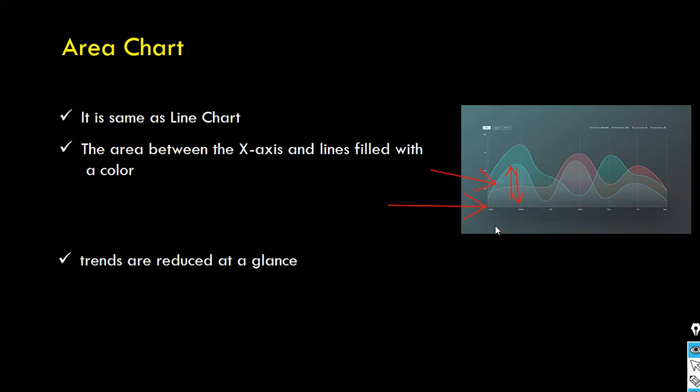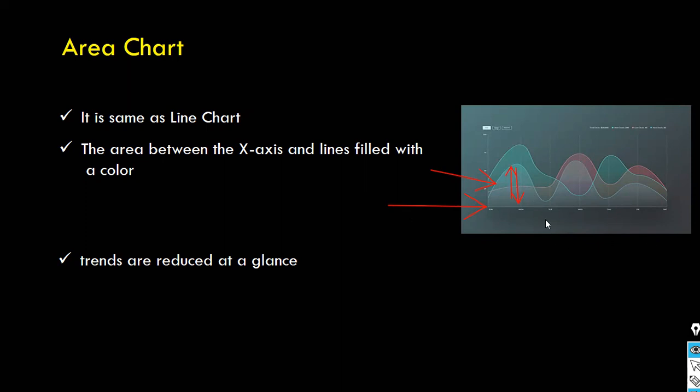Even in the case of an area chart, we plot the date or time related information in the x-axis. And the area chart is also helpful in understanding the trend over a period of time.